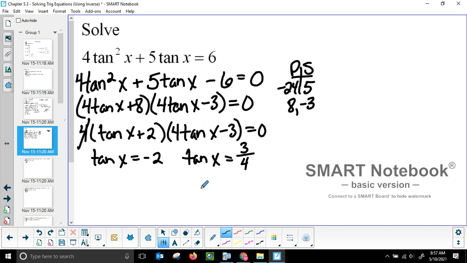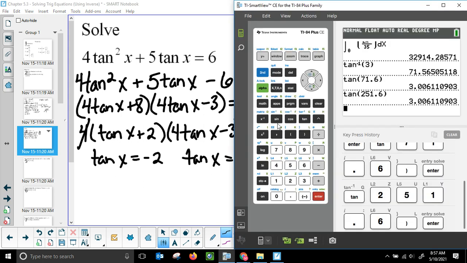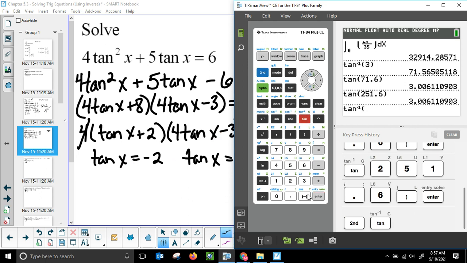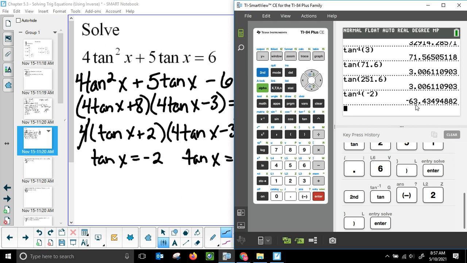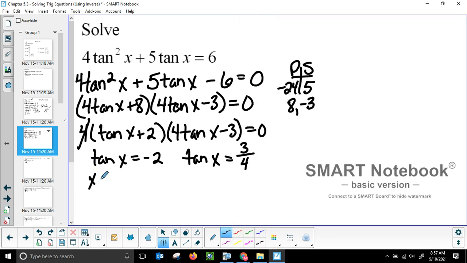Now, neither of these values are on my unit circle, so we're going to have to use our calculator for both. First I will do the inverse tangent of negative 2. Now this gives me negative 63.4.